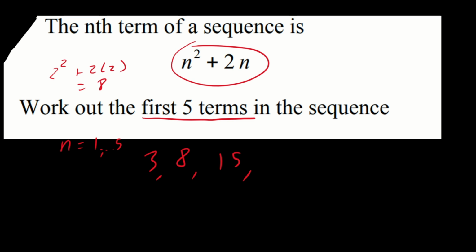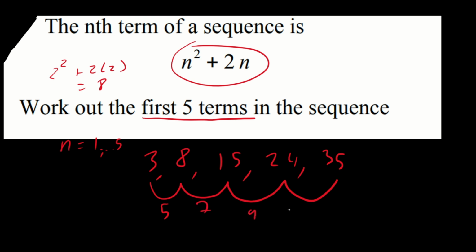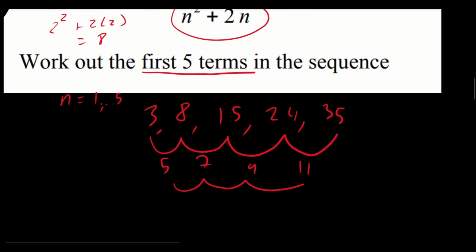Then 4 squared is 16, plus 8 is 24. Then the last one, 5 squared is 25, plus 10 is 35. You can see that this is a quadratic sequence because you add 5 first, then 7, then 9, and then 11. So you add 2 each time.